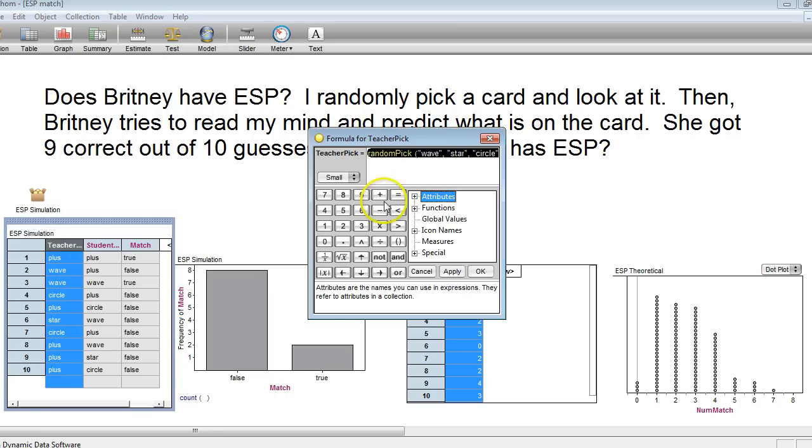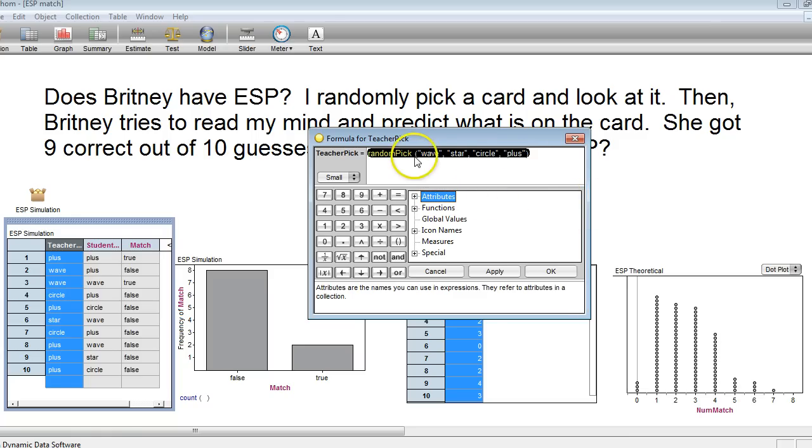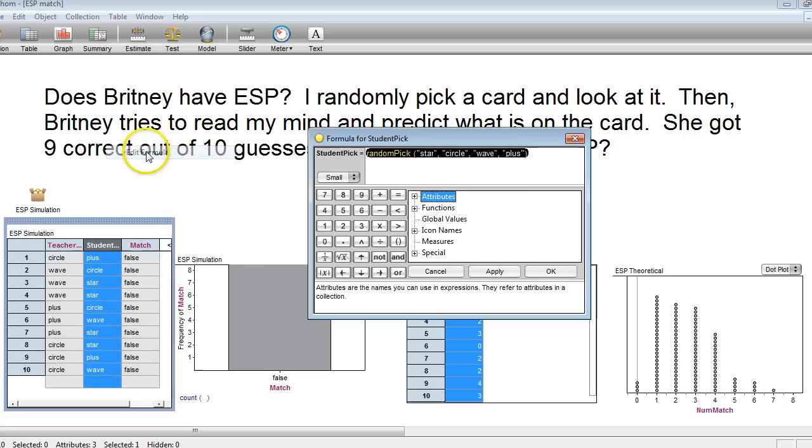The formula is random pick, and here we can see the 4 different outcomes: wave, star, circle, plus. And it's the same for the formula for student pick: star, circle, wave, or plus. So each of these has an equally likely chance of being chosen at random.